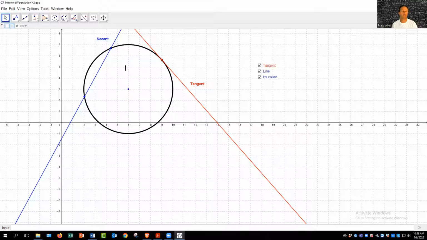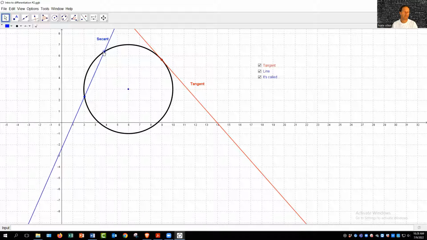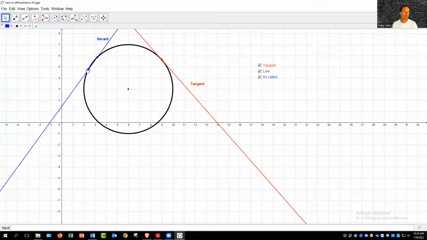So let's take a look at the third slide. What we're going to try to do is take either this point and move it to the other one, or this point, until we get so close with our 2 points that it looks like they become 1, just like our tangent.